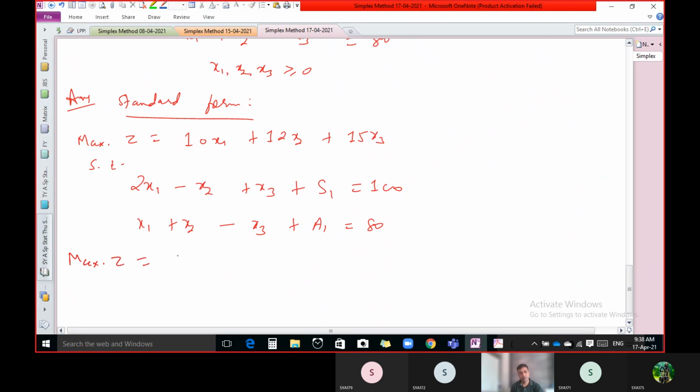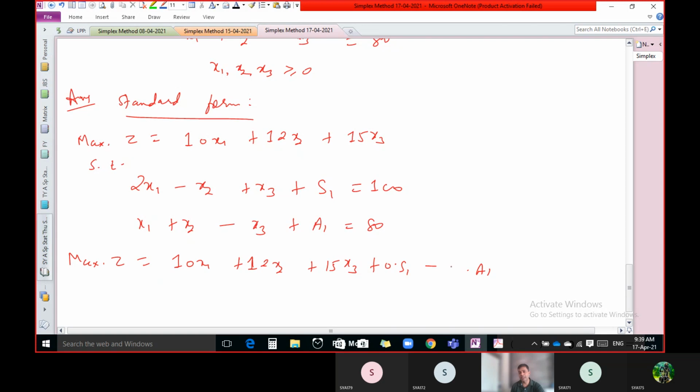Maximize z equal to 10x1 plus 12x2 plus 15x3, but listen carefully, for the slack variable you have to write 0 as coefficient, and for the artificial variable you have to write minus infinite as a coefficient. Instead of 0, we have to write minus infinite.